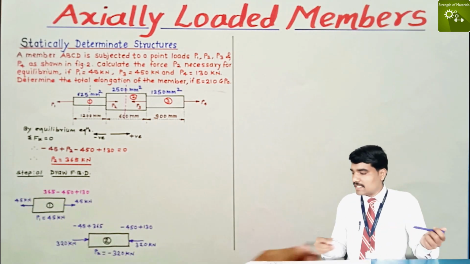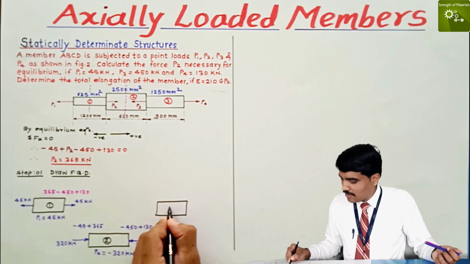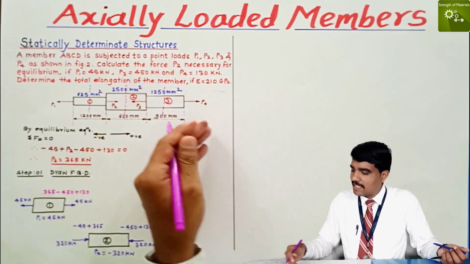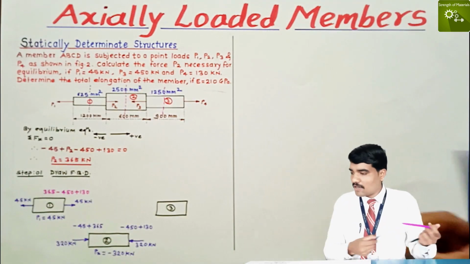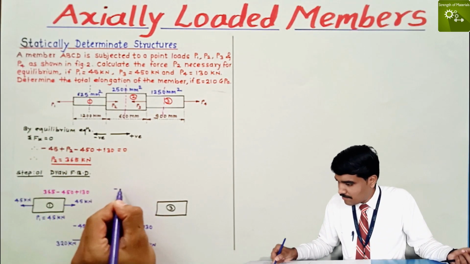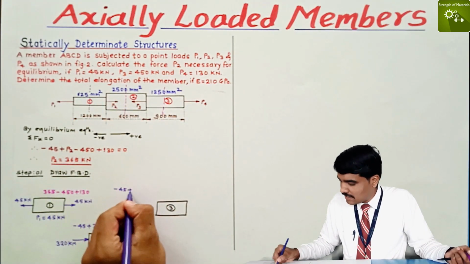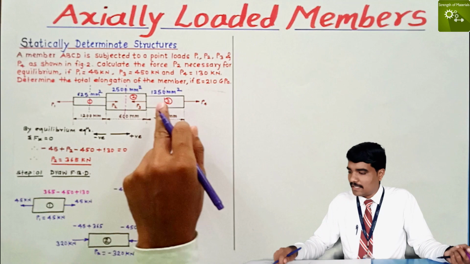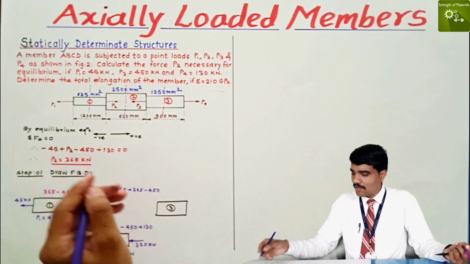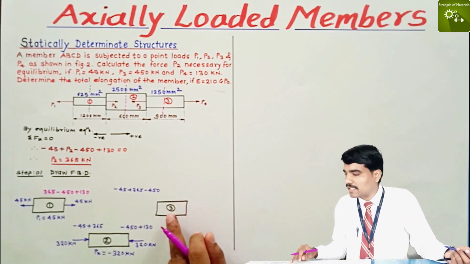Okay, again we consider the FBD of the third member. Here I draw the FBD of the third member. Consider one section in the third member. See the left side of forces: P1 goes towards left side, it is minus 45. P2 goes towards right side, it is plus 365. And P3 goes towards left side, it is minus 450. By doing all these calculations, we got minus 130.